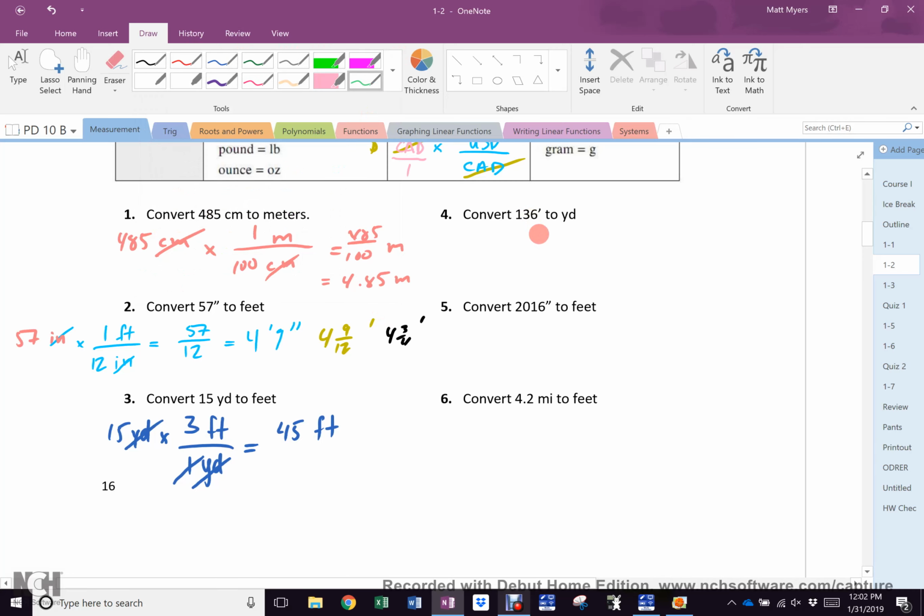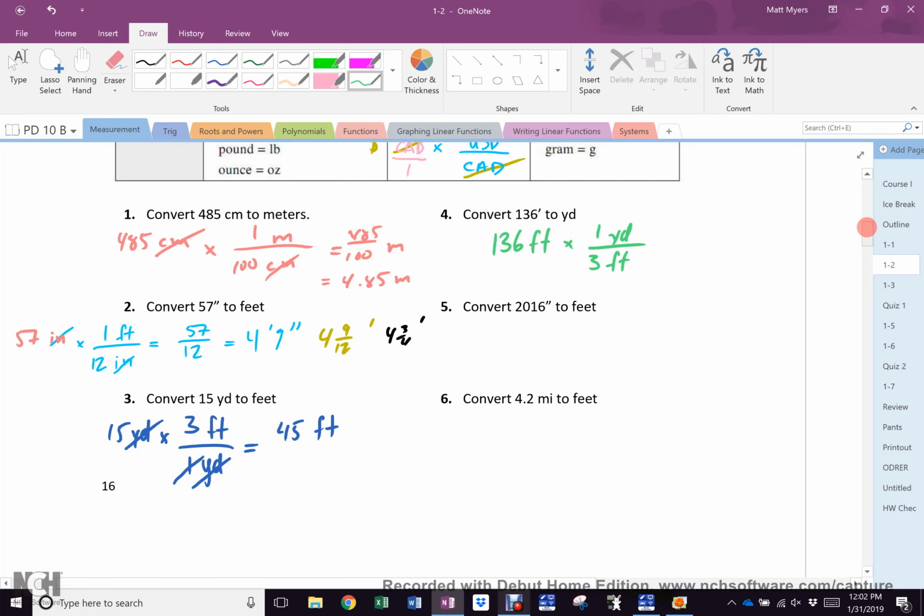So, in number 4, what is the quantity I am starting with? 136 feet. I wish to convert it to what? Yards. So yards is the numerator. Feet is the denominator. Now I put in my numbers. 1 yard, 3 feet.